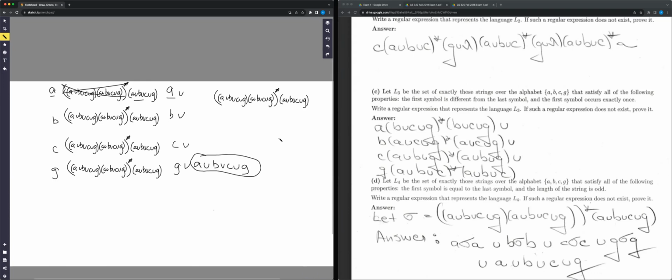Question, where it says B or C or G, and the second set where it's B or C or G, does that mean there's 3 characters or is it still 2? So you see how for C, where it says A parentheses B or C or G star, and then B or C or G, what does the second one represent?